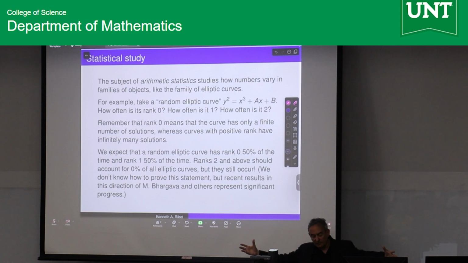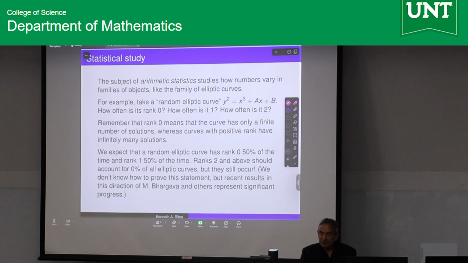Then you let the box grow in some well-controlled way. And you try to see what's the average rank, or what ranks are occurring. And the observation, which is merely an observation, not a proof of any kind, is that roughly half the time the rank is 0, and roughly half the time the rank is 1, and some very tiny minority of the time the rank is bigger than 1, like 2 or 3, and so on.